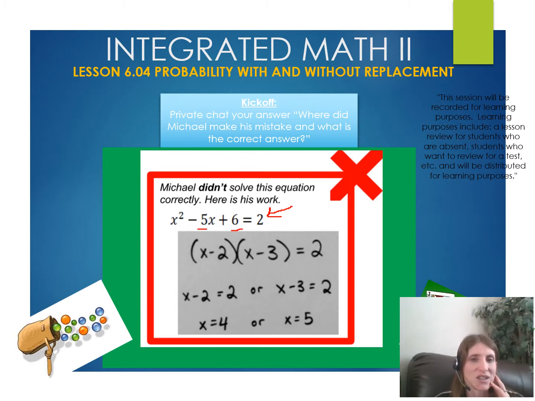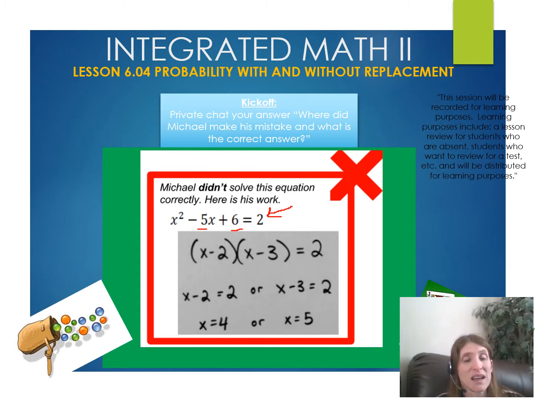So factors of 6 that add to give us 5. Looks like things are correct, right? So if we assume that we can have it equal to 2, then let's check and see if there's any other mistake. And if we can't find a mistake, then maybe we can come back to that point, okay? So factors of 6, we see that we have 3 and 2, which are correct. They multiply to give us 6, but they also add to give us 5.